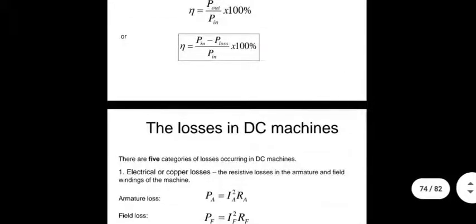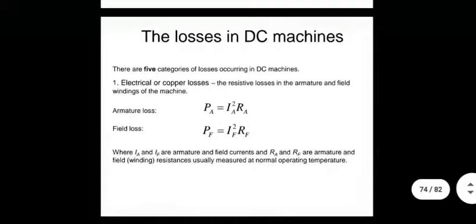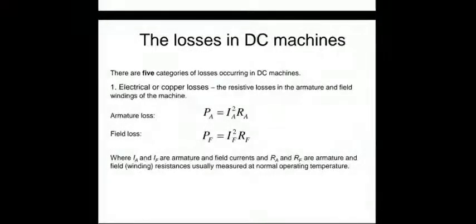One thing that we have to be mindful of, whether we are talking DC generators or DC motors, is the nature of losses. Some things are common to what we saw in case of transformers. Copper losses, that means the finite resistance of the armature windings and field windings will produce losses. I square R is the common equation to calculate those losses.